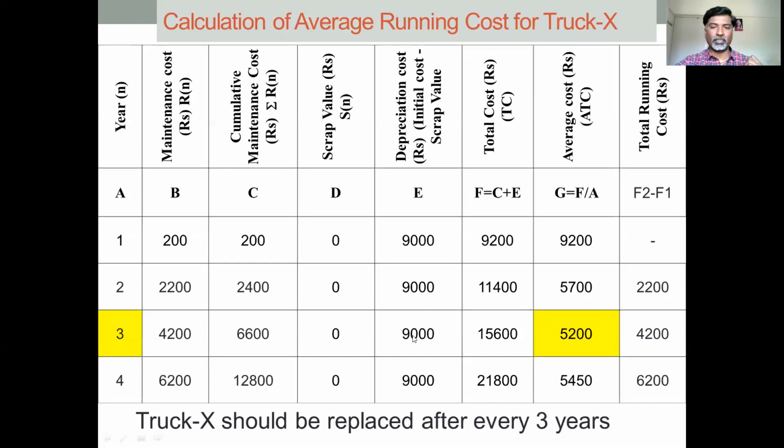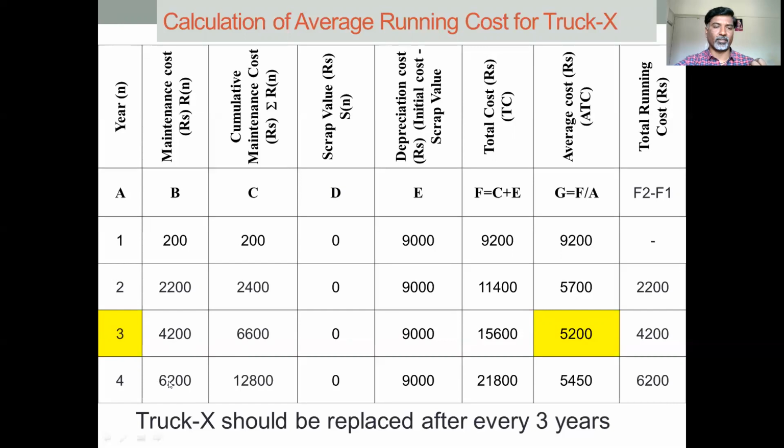Likewise, you have to calculate depreciation cost, total cost, and average cost. Here you have to compare average cost for previous year and current year. If current year cost is minimum, then you have to calculate average cost for the next year. For the fourth year, the maintenance cost will be the previous year maintenance cost plus 2,000.